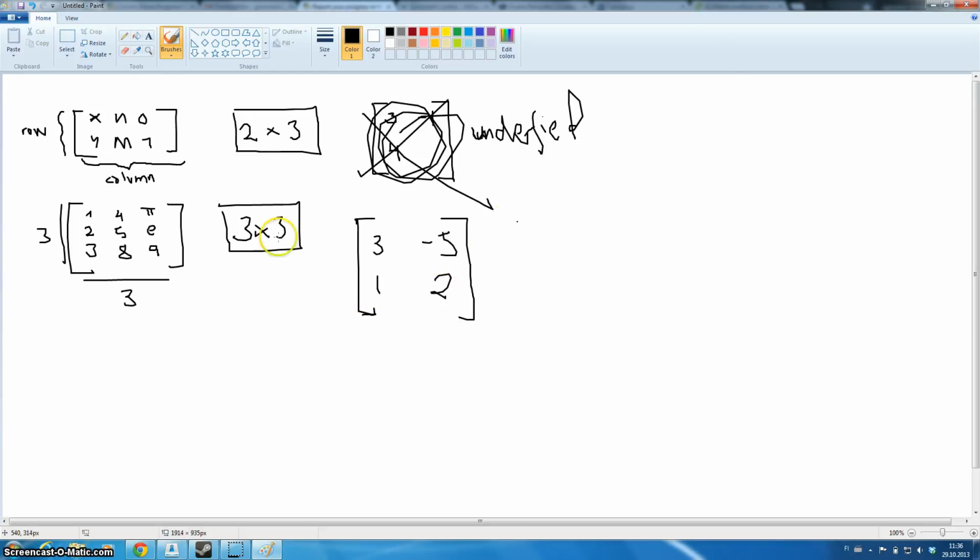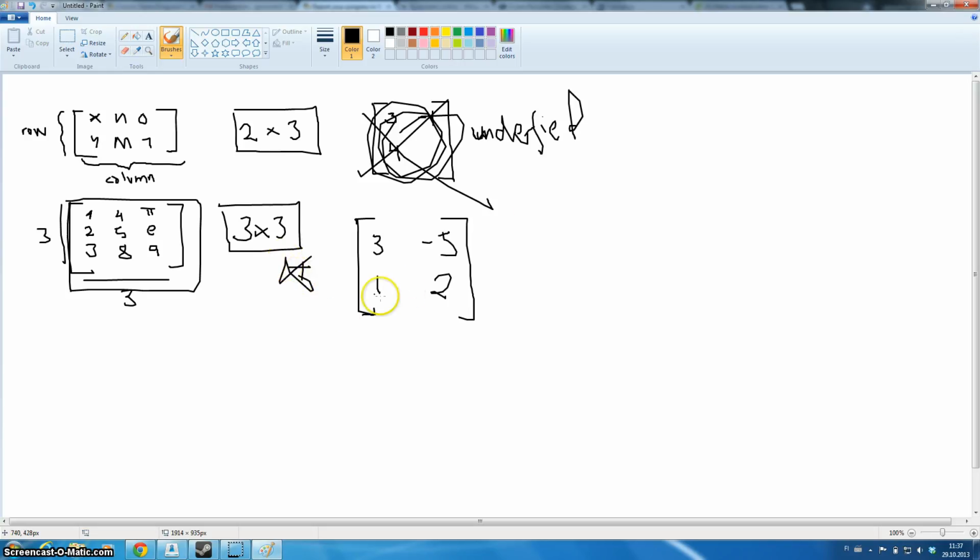If I try to add this matrix plus this matrix, this isn't possible because there are more elements than in this one.